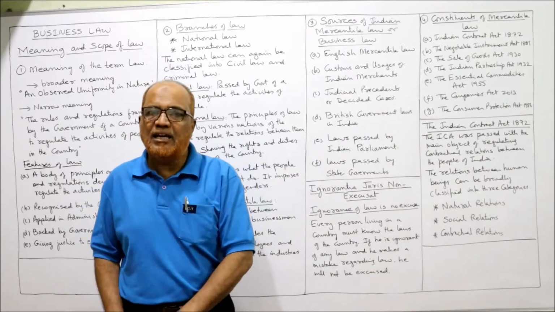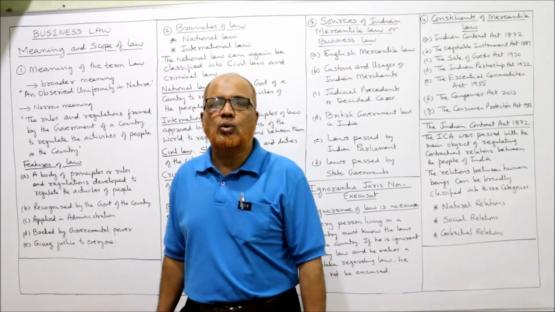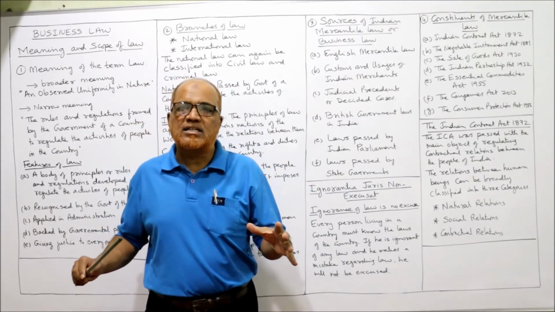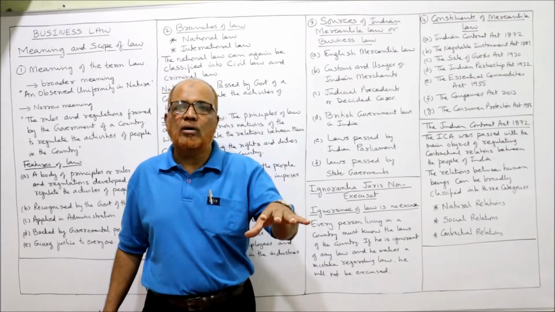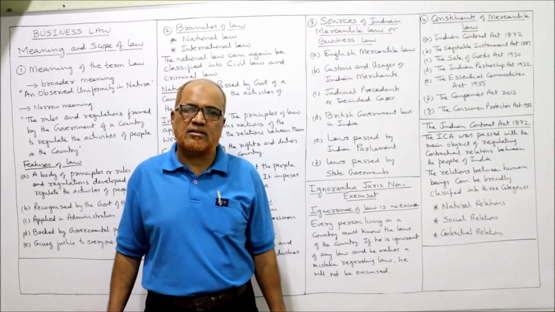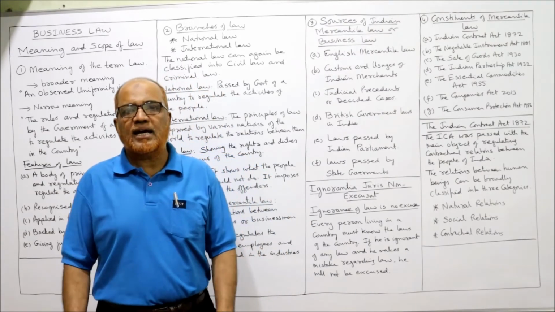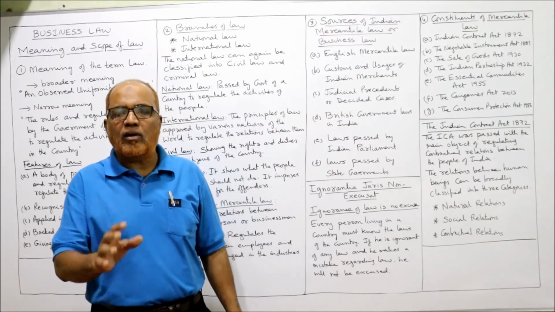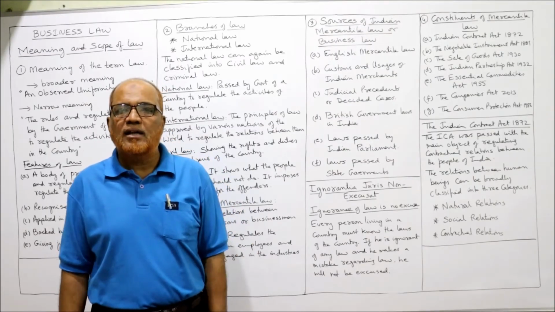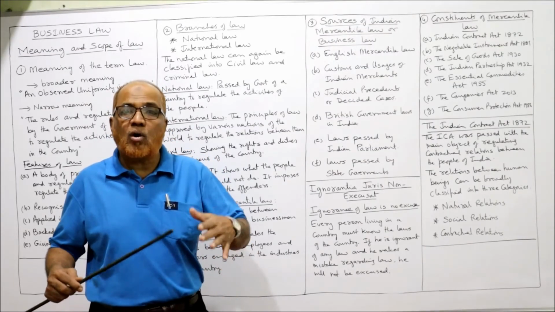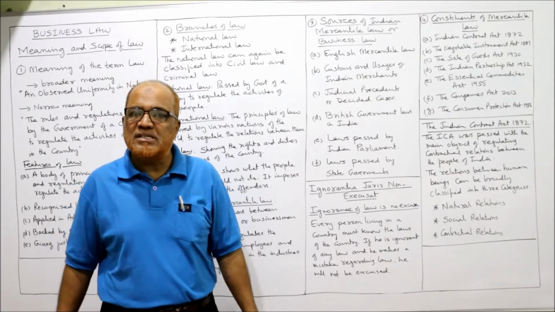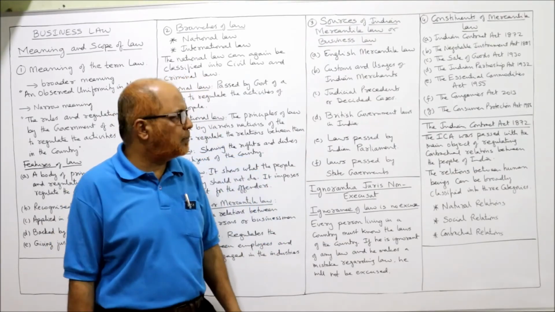Now I am coming to the Indian Contract Act. Just now I told you the biggest act in business law is the Indian Contract Act. So what does the Indian Contract Act explain? This Act explains the relationship in contracts made by businessmen or mercantile persons.